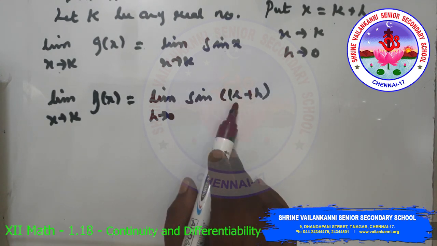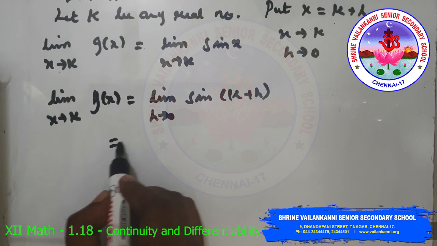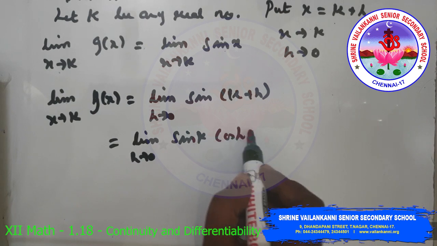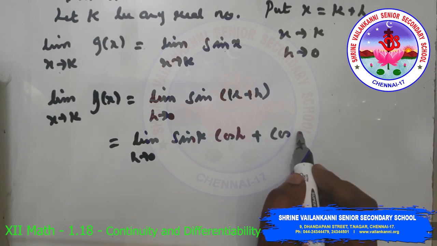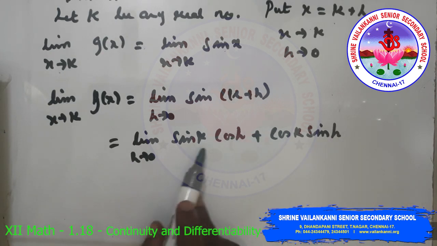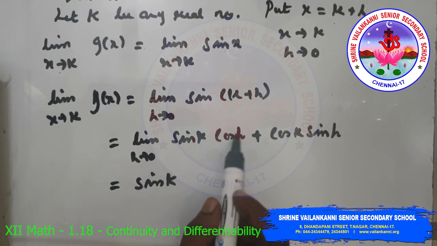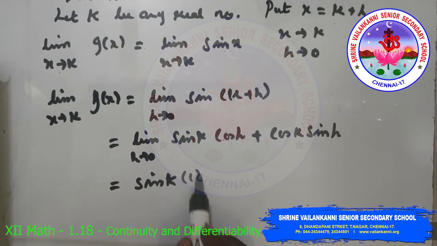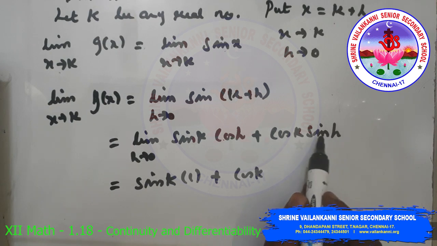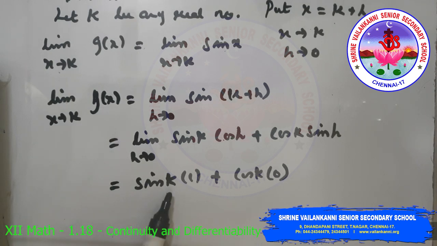Using the formula sin of a plus b equals sin a cos b plus cos a sin b, we get limit h tends to 0 of sin k cos h plus cos k sin h. Now applying the limit h tends to 0, we get sin k into cos 0, and cos 0 is 1, so sin k into 1 plus cos k sin 0. Sin 0 is 0. Then limit x tends to k of g of x is equal to sin k.